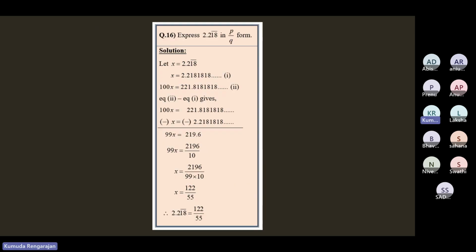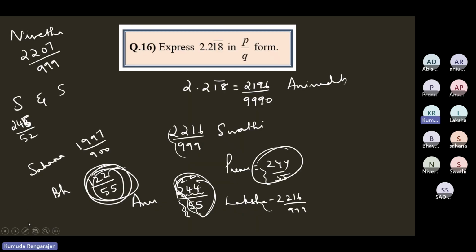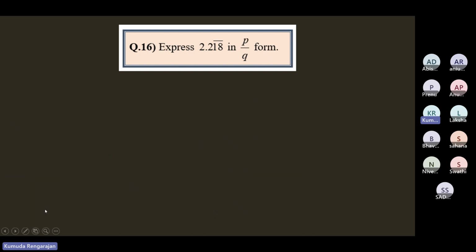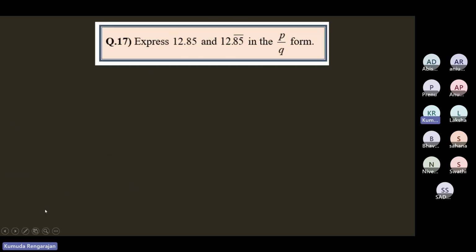I don't want to discuss the p by q form further, because then those who've done it correctly will be disappointed. Fine. Let me ask Bhavishya again. So that's about this answer. Bhavishya and Anugraha, Prenu. Prenu, what's the answer for 12.85?